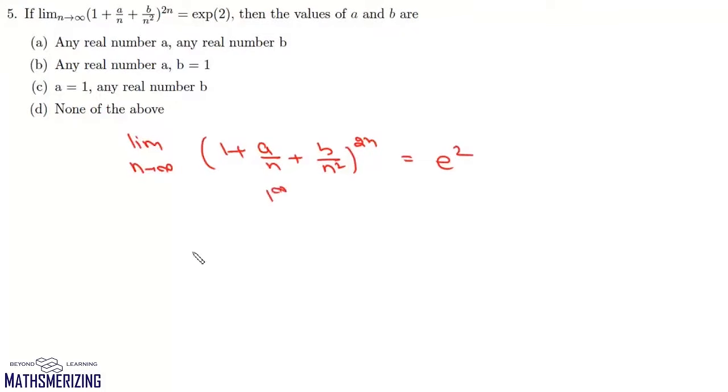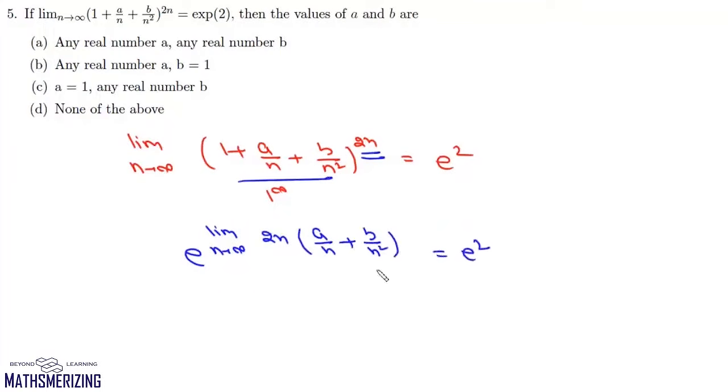We'll directly use the shortcut, which is e to the power limit n tends to infinity, g(x), which is 2n, into f(x) minus 1, which is a upon n plus b upon n^2, and it'll be equal to e^2. And we'll multiply, n and n will cancel. So this limit will be simply e^(2a), which is equal to e^2. That means the value of a is 1, and this limit doesn't depend on b. So b can be any real number.